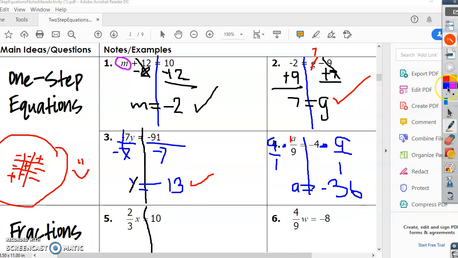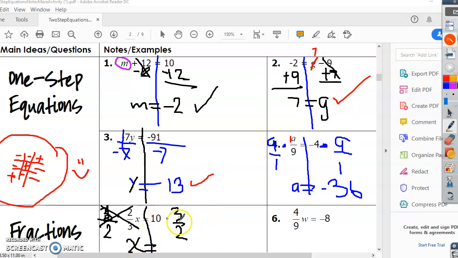So my reciprocal for 2/3 is, like I told you, 3 over 2. I'm going to multiply by 3 over 2 on both sides. So this cancels out, and you have x left over on this side is equal.